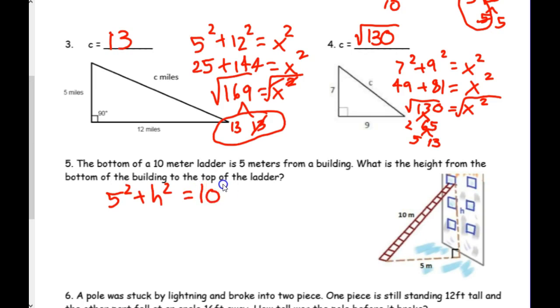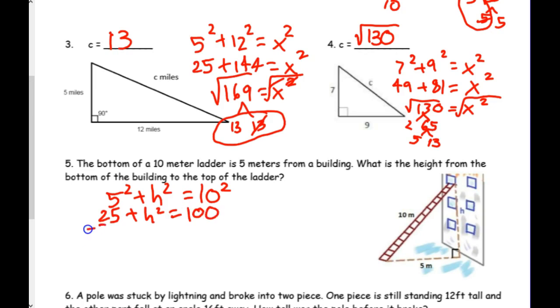Now, when we read our problem here, the bottom of the 10-meter ladder is 5 meters from the building. That's all labeled. It's asking us what's the height from the bottom of the building to the top of the ladder. So we are just looking for h. 5 squared is 25 plus h squared equals 10 squared, which is 100.